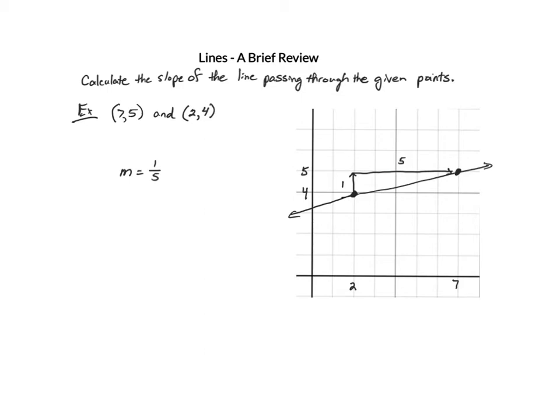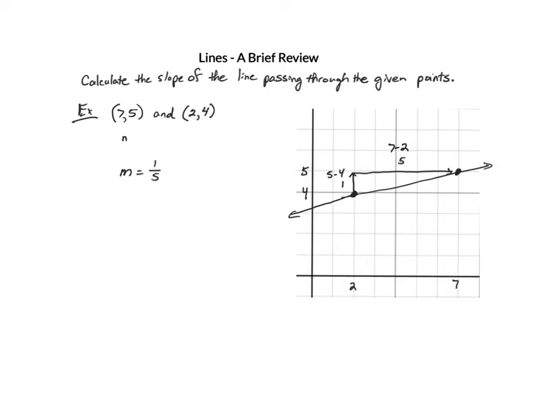So that 5 comes from 7 minus 2. Similarly, this 1 comes from the fact that we were down here at 4 and we went up to 5 for a difference of 1. So the 1 comes from 5 minus 4.